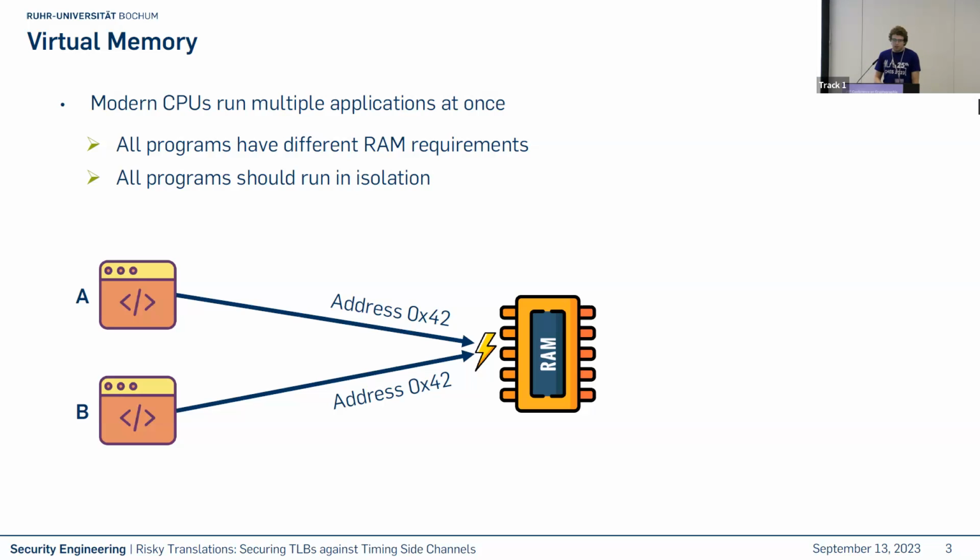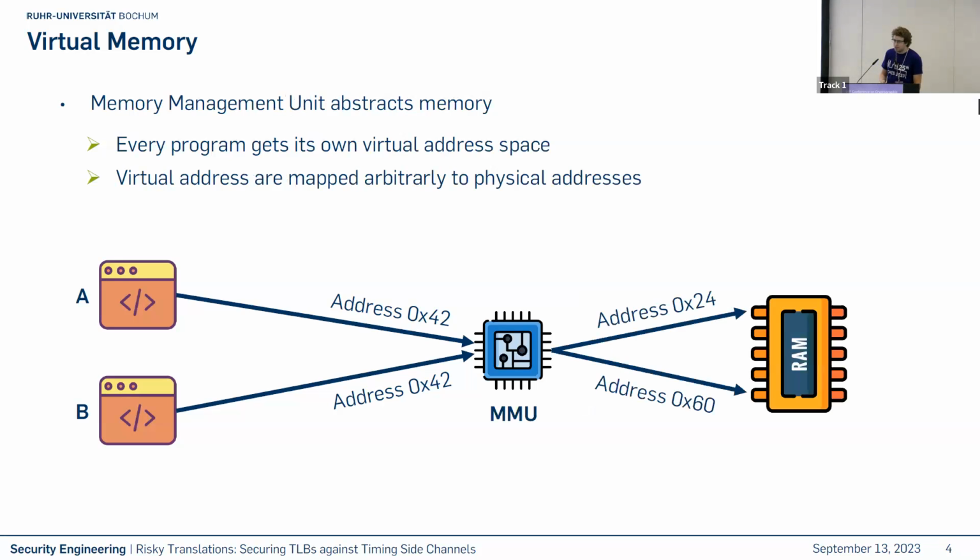That's why modern CPUs usually have a memory management unit, which handles memory abstraction. The way it works is that every program gets a virtual address space, so each program can have the address 42. However, inside they are translated to completely different physical addresses.